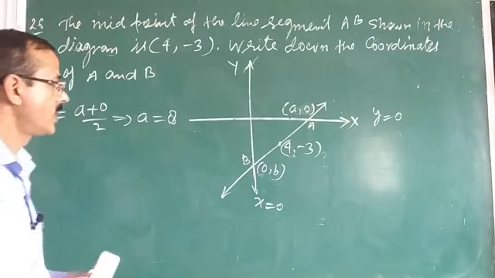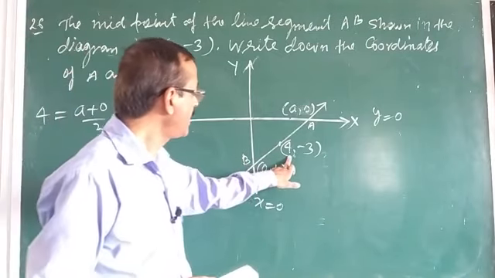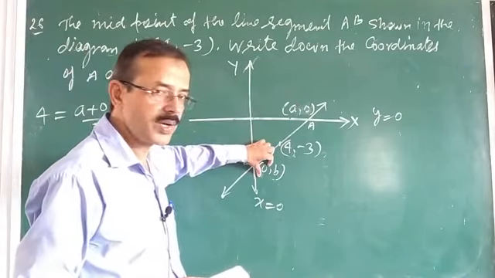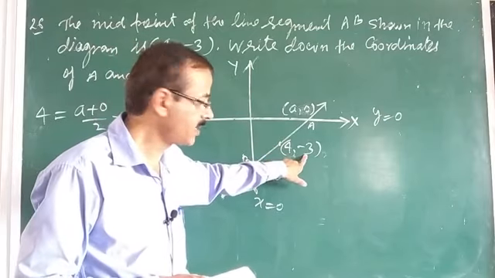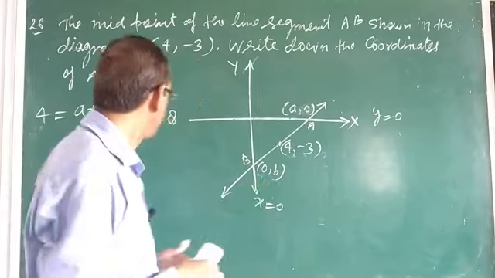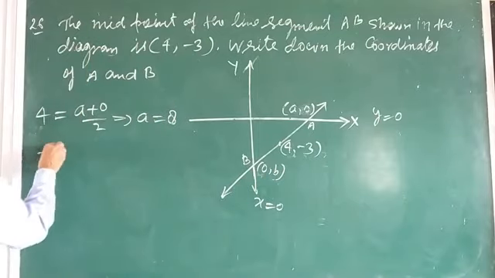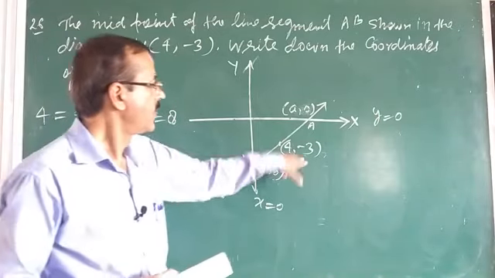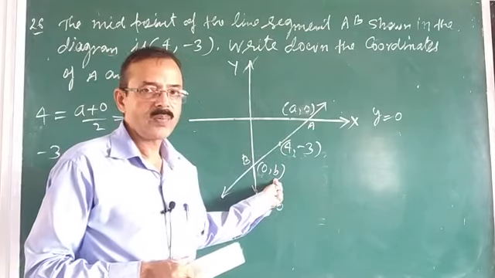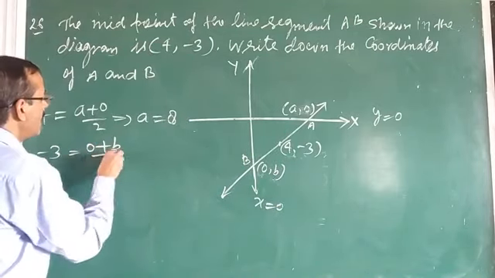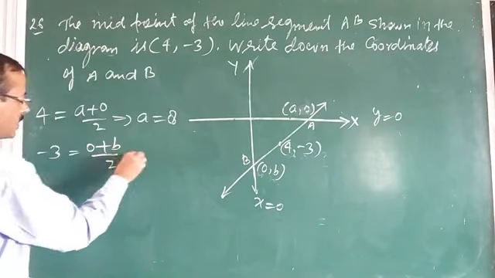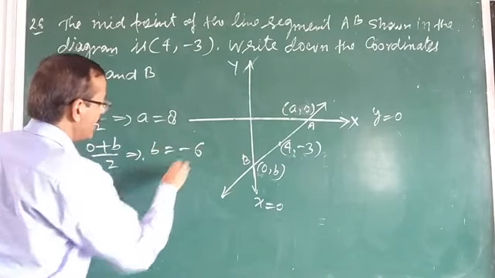A value came 8. Clear or not? 4 is equal to sum of abscissa upon 2, x1 plus x2 upon 2 is equal to 4. This 4, minus 3 is given in the question. Similarly, for y, minus 3 equals y1 plus y2 upon 2, it means 0 plus b upon 2. Transpose this, and we find that b is equal to minus 6.